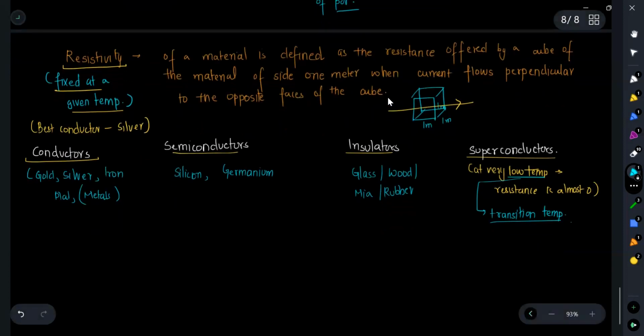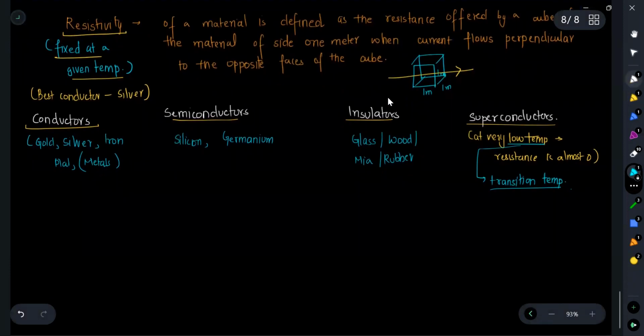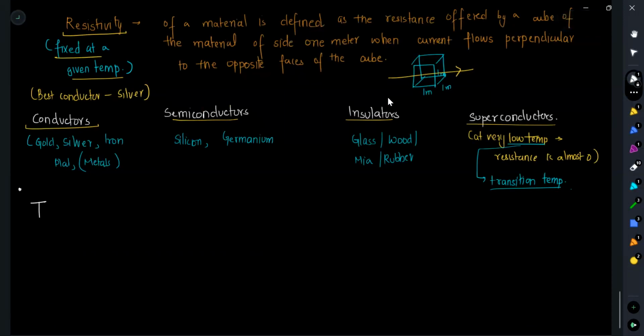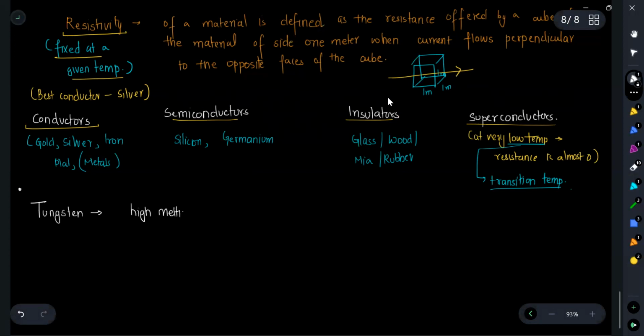We have some particular materials जिसके बारे में हमें पता होना चाहिए. For example, tungsten. So some of the important metals. Tungsten has a high melting point and becomes incandescent, meaning emits light at 2400 Kelvin.